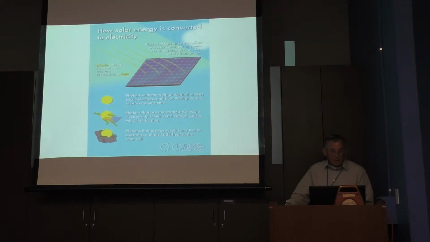Photons that are too strong also excite electrons, but their extra energy causes the cell to heat up, and photons that are too weak can't excite electrons and just add to the waste heat in the solar cell. Since photons exhibit different wavelengths, and since no material absorbs electromagnetic energy of all wavelengths, some photons then, of course, produce useless waste heat in the solar cell.